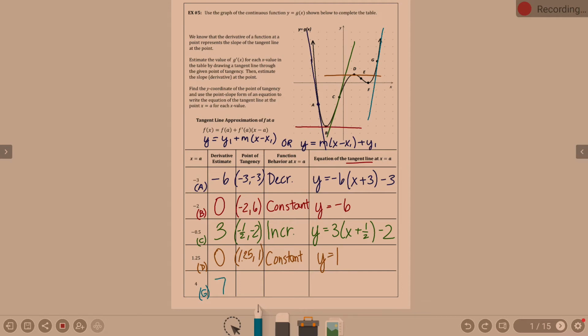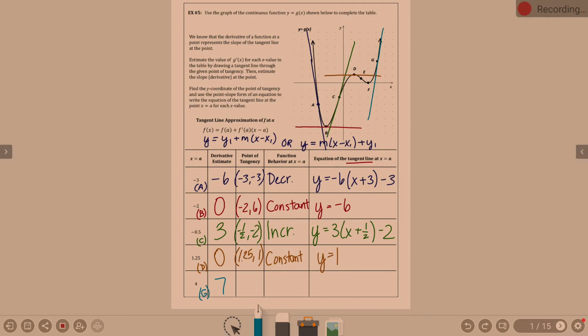My answer key, I have a slope of 7, which, because of where G is, I would count down to get to that. I would count down and left. 1, 2. If I'm looking at this one, I would say this is 8 on my screen. I'm not going by my screen, though, because I'm not using a ruler, and it's rough.